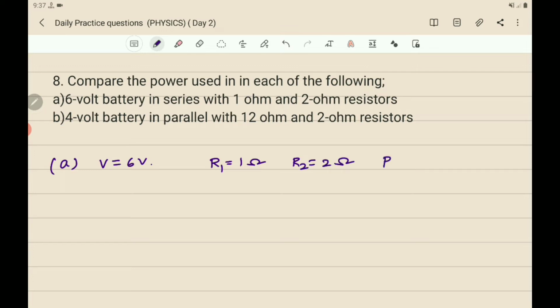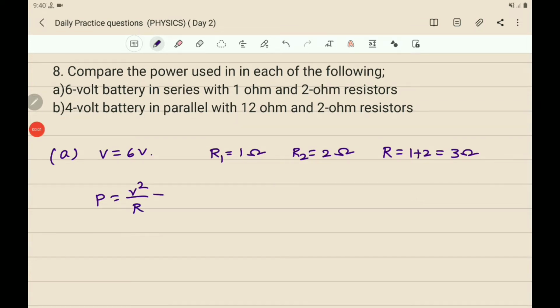Then equivalent resistance R, as it is a series connection, equals the sum of the resistances. So it becomes 1 plus 2 equals 3 ohm. Now you know the formula for power. P equals V squared by R equals 6 squared by 3. 6 squared is 6 into 6, divided by 3: 3 twos are 6, 6 twos are 12. So P equals 12.